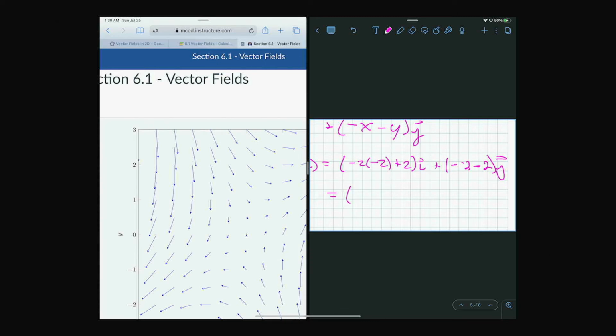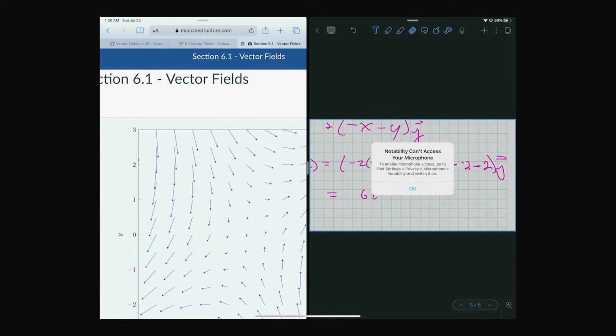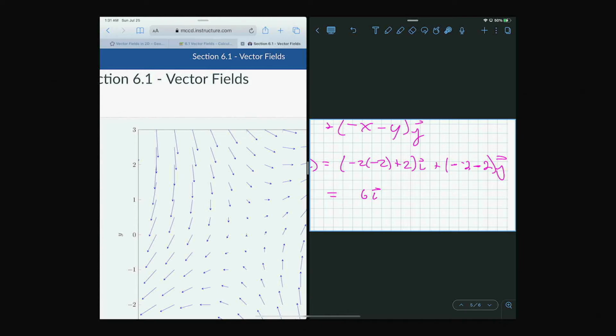So you work this out, you get negative 2 times negative 2, which is 4. 4 plus 2 is 6, i. And on the other one here, you have negative negative 2, which is 2. 2 minus 2 is 0, right? So you actually get plus 0j.